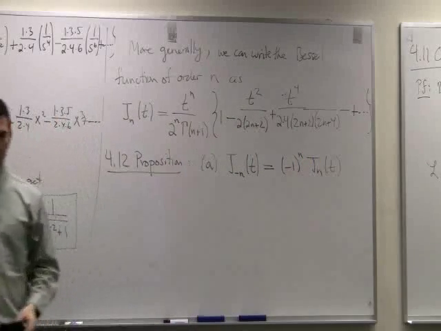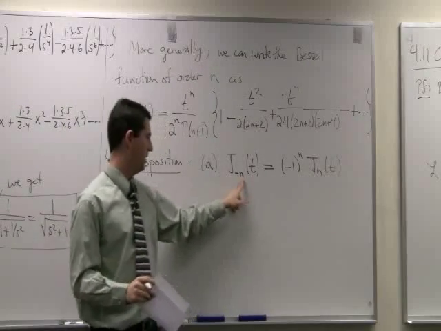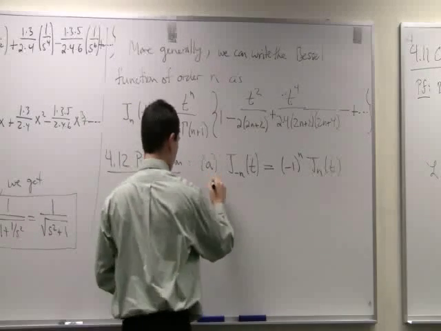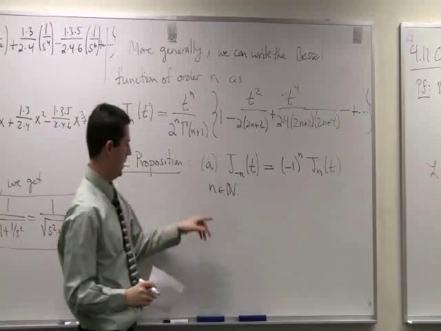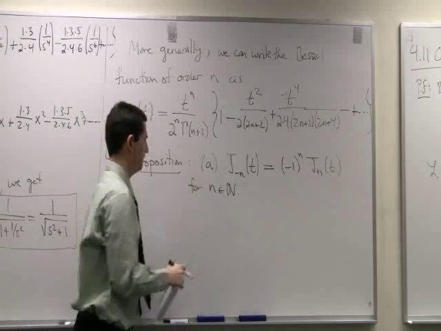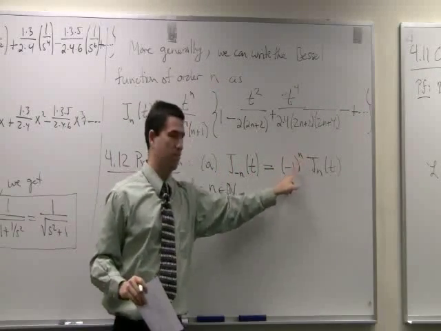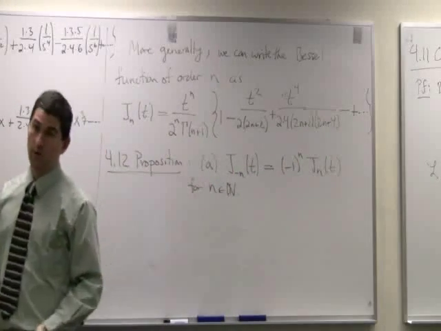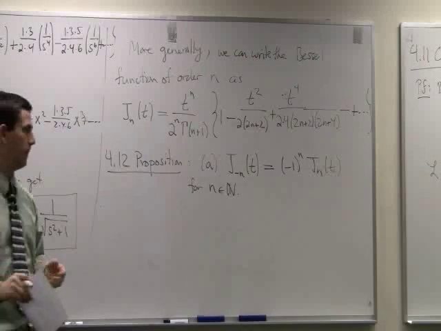So, for instance, if n is even, this is for, I guess what I would say for n a natural number. If n is even, then this is going to just give you a 1. So it doesn't matter whether you're talking about J4 or J minus 4. If n is odd, J5 versus J minus 5, well, then it matters, but only up to a minus sign.